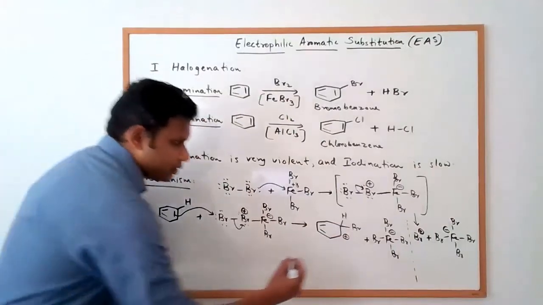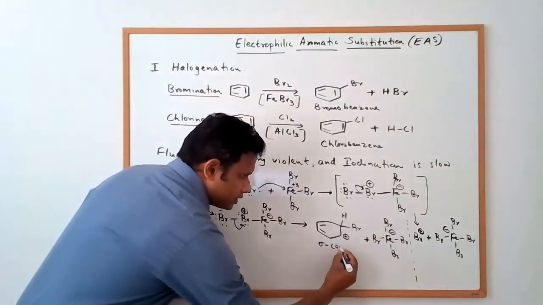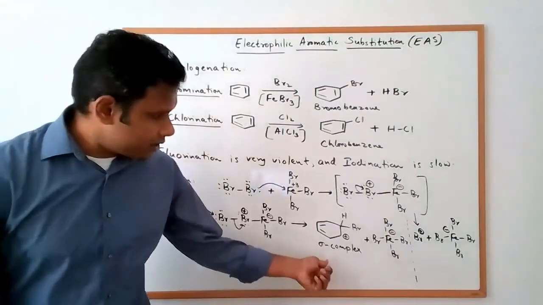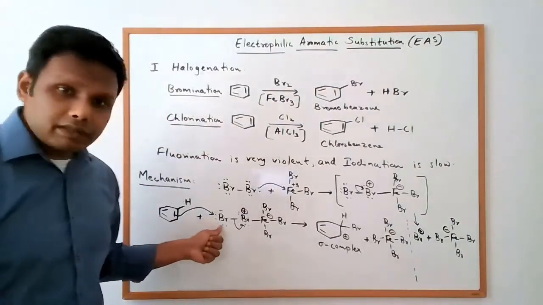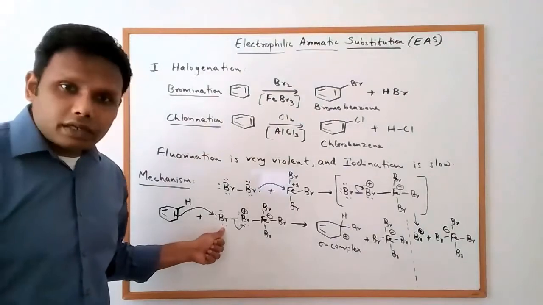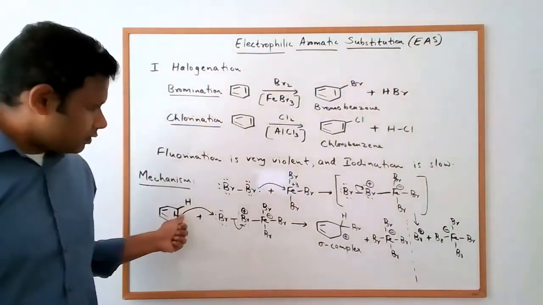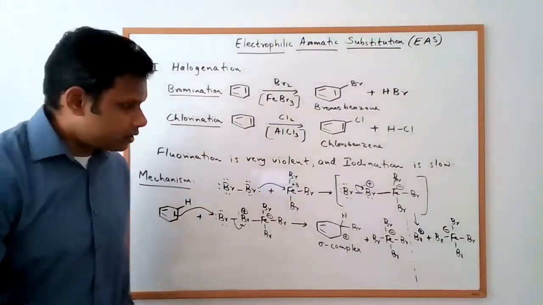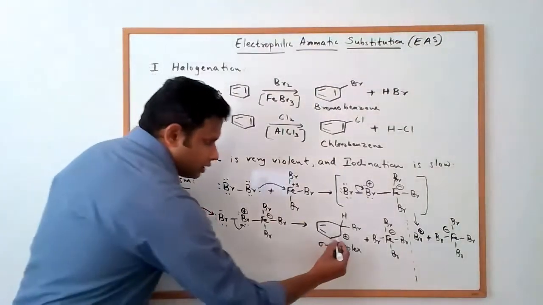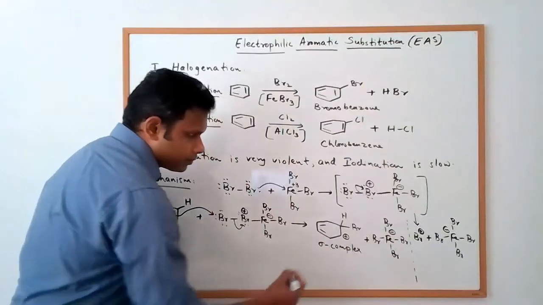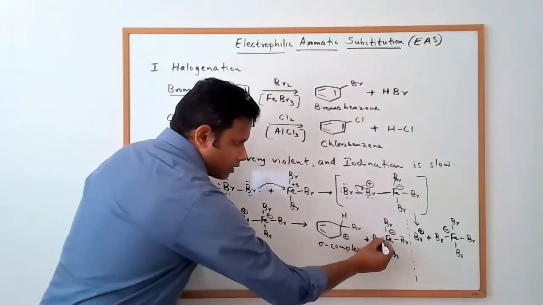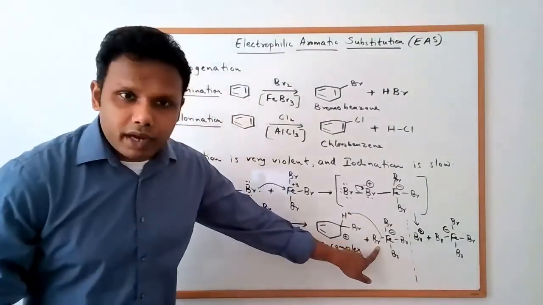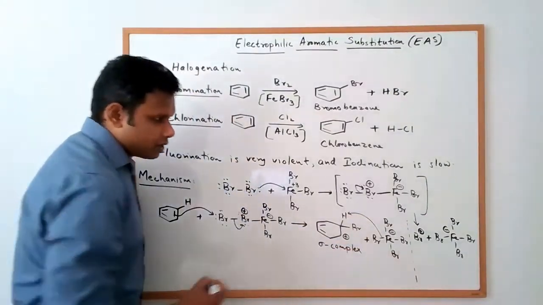Now what we formed here, this is the sigma complex. And this is called the sigma complex because we have a sigma bond now between our electrophile and the aromatic compound. So we've formed that sigma bond. And now this sigma complex can be deprotonated by the Br minus that's in this FeBr4.